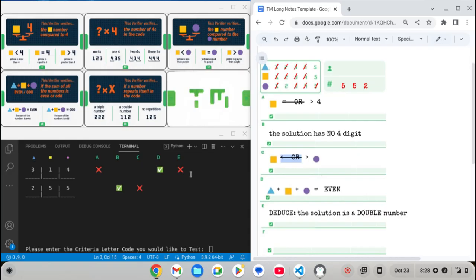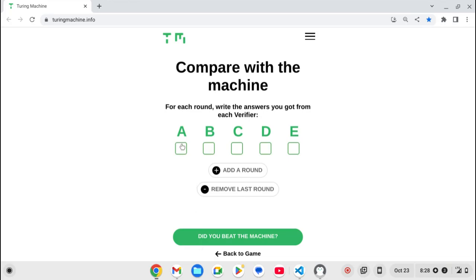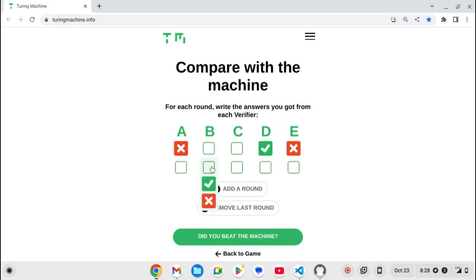And in the second round, we tested the remaining 2, which were B and C. So let's type that up. A was incorrect, D was correct, E was incorrect, and I believe B was correct and C was not.